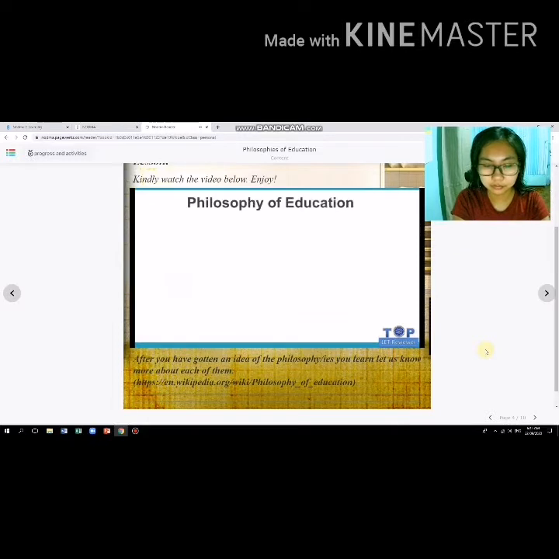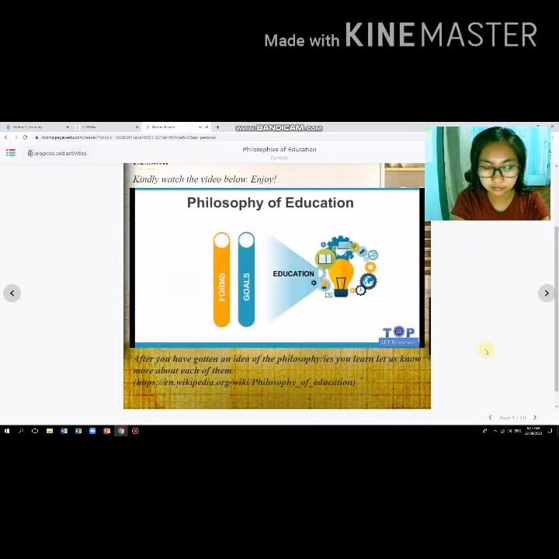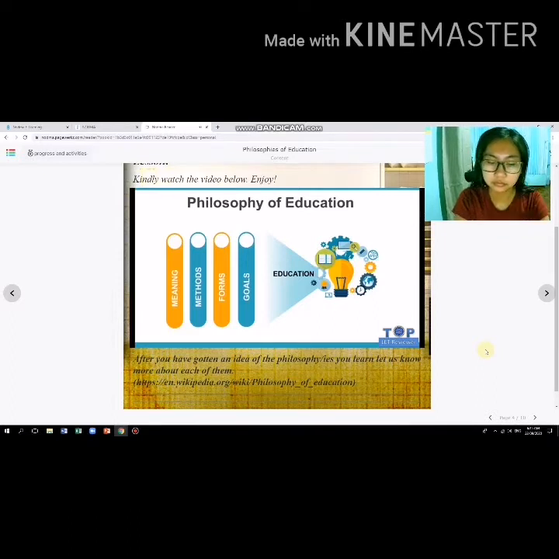The philosophy of education examines the goals, forms, methods, and meaning of education. It is important to understand how philosophy and education are interrelated. In order to become the most effective teacher you can be, you must understand your own beliefs, while at the same time empathizing with others.